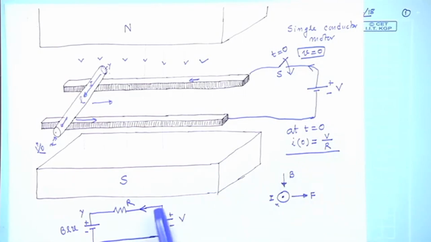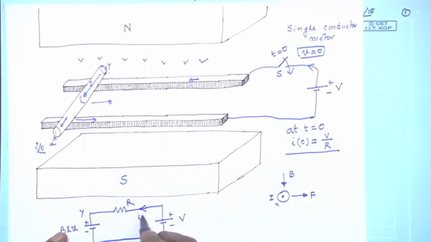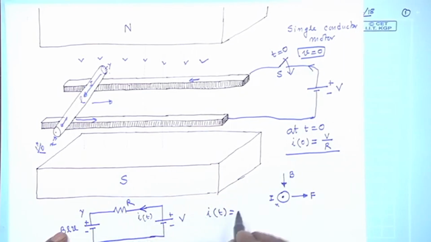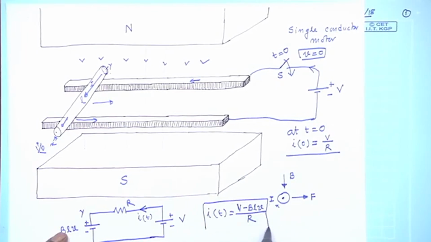I now know that the current value must decrease, because V is constant, but B L v is the opposing voltage. So, this voltage minus this voltage, divided by R, will be this current. So, i(t) will be V minus B L v divided by R. This is the current.